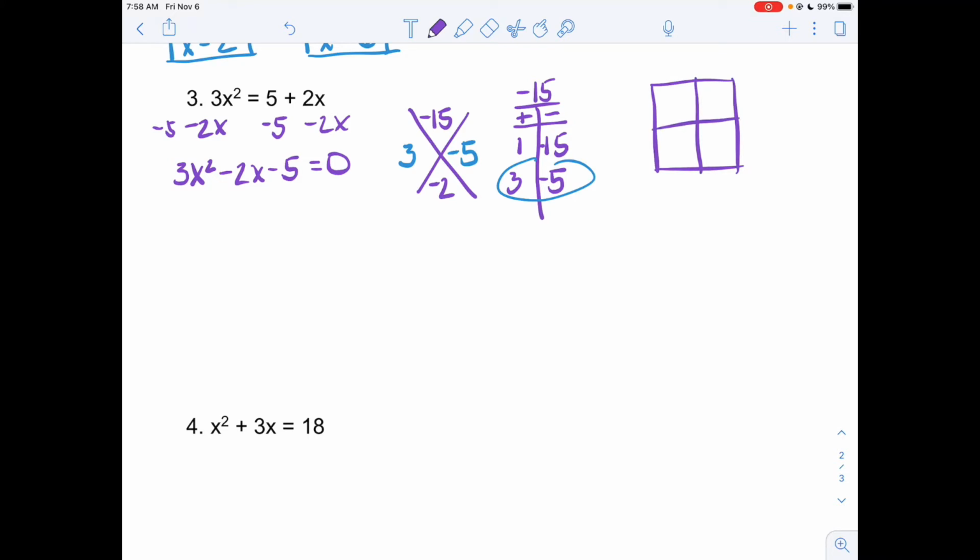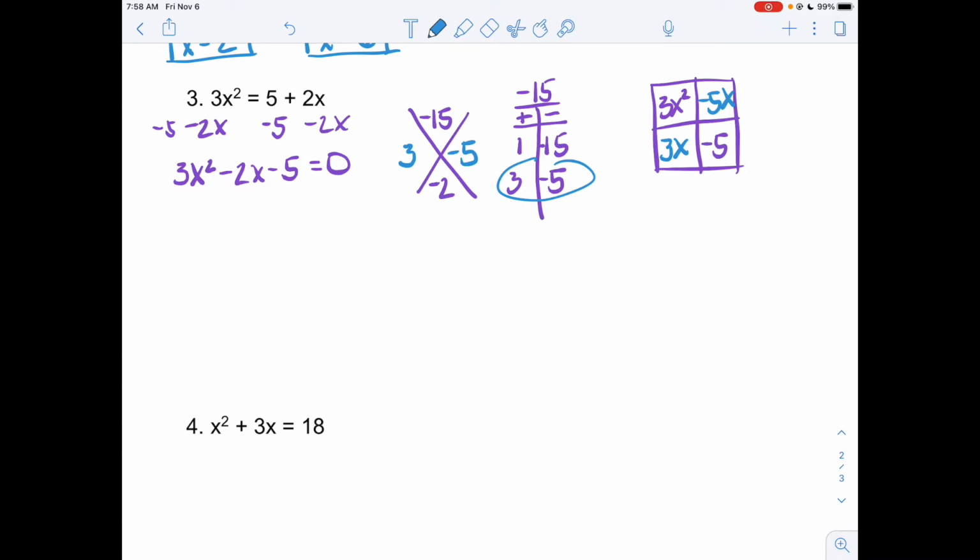So our box, remember, has our ax squared term, 3x squared, my c term, which is negative 5, and then I need to write my factors with an x on them. So 3x and minus 5x. Let's go ahead and do GCFs.